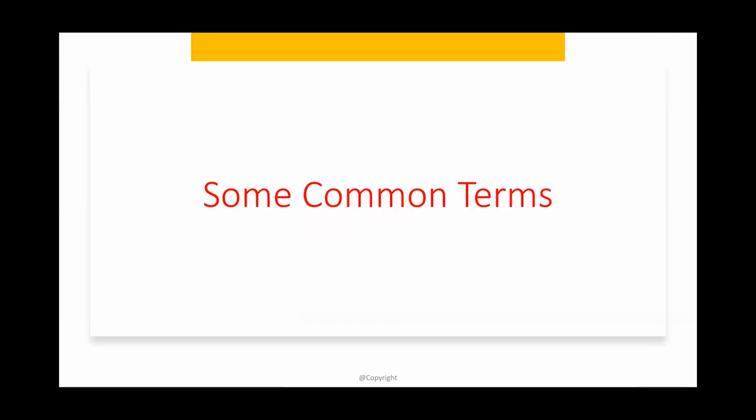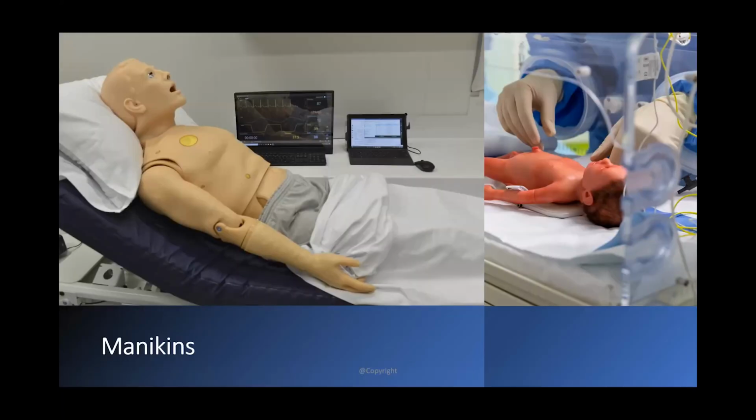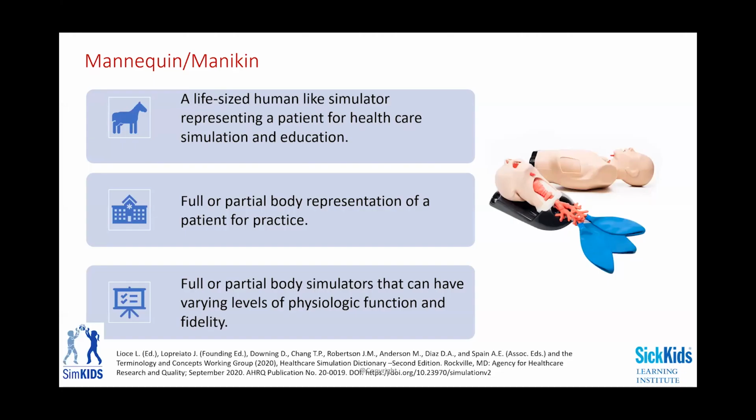So coming to some common terms. First of all, mannequins. What are mannequins? Any ideas from the team, any thoughts, please continue to put in the chat. And because of time, mannequins are simply a life-size human-like simulator representing a patient for healthcare simulation and education. It can be a very basic mannequin, and it doesn't need to be a full body mannequin.